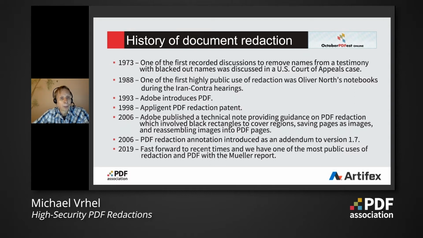And then we fast forward all the way to 2019, where there was one of the more public uses of redaction in PDF with the Mueller report, and Duff, I guess last year, did a nice presentation at one of the PDF Association meetings where he gave his thoughts about that particular document.